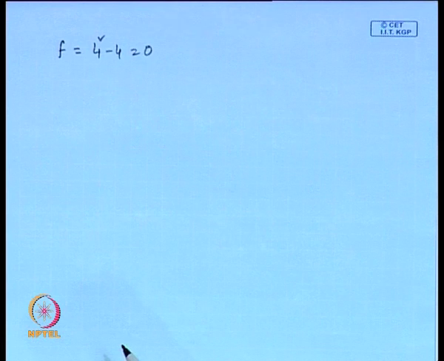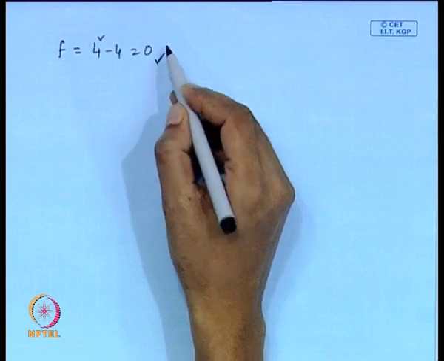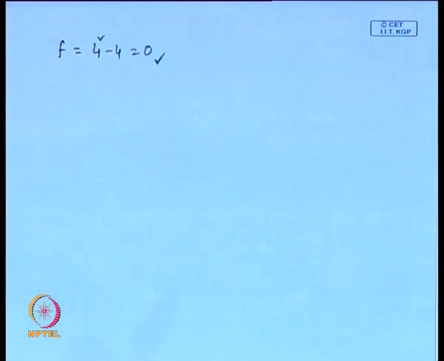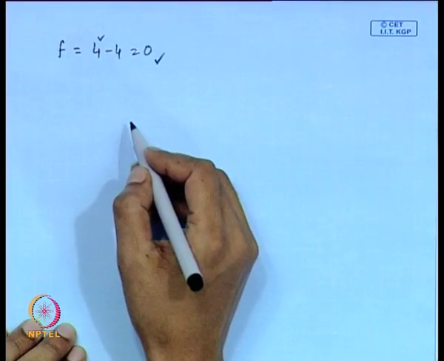After defining 4 control equations, our degrees of freedom becomes 0. Fine. Now, we will discuss how we can select the manipulated variable control variable pair for the example system. How we have selected these 4 control variable manipulated variable pairs, that we will discuss in brief.